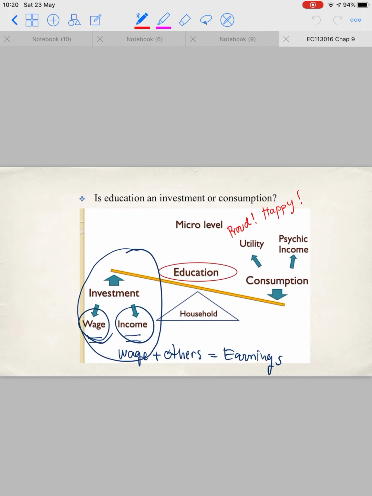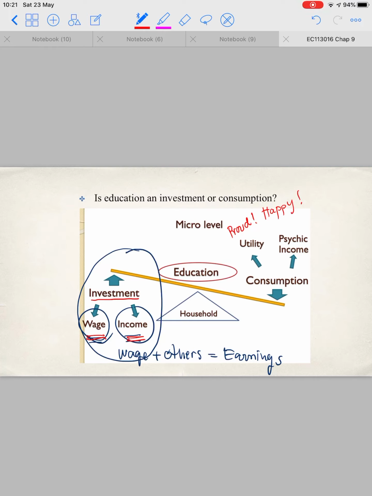If we consider education by the definition of investment, we will think about it this way: when we invest in education, we graduate from university, then you get a job and you get a wage or income, right? This is the term of education as investment.